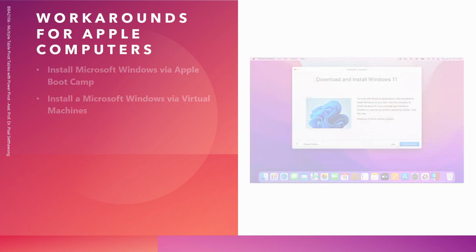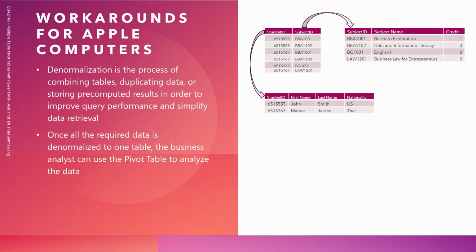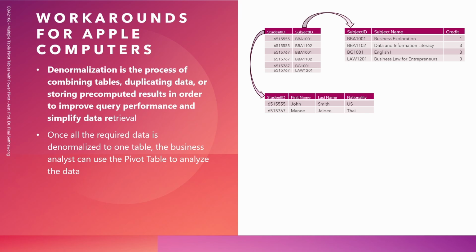This solution is usually done by the database administrator, but if you want to analyze multiple tables from an export from the database, you can use a process that is called denormalization. Denormalization is the process in which we combine tables. We will duplicate the data and store pre-computed results so that it will simplify the data retrieval and improve the query performance.